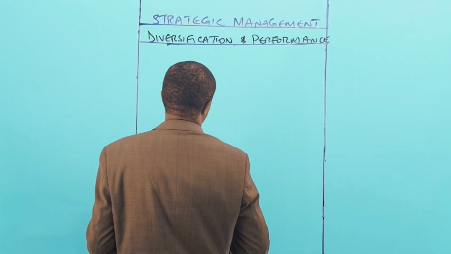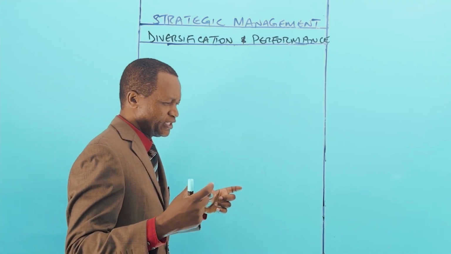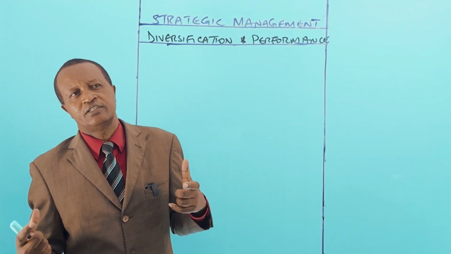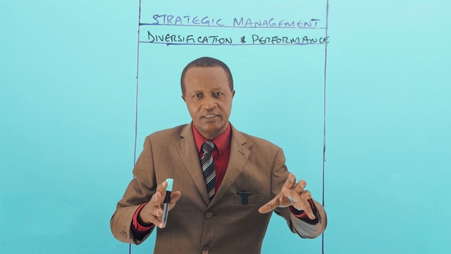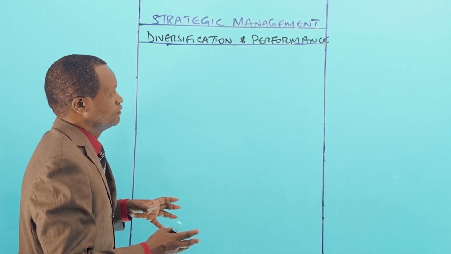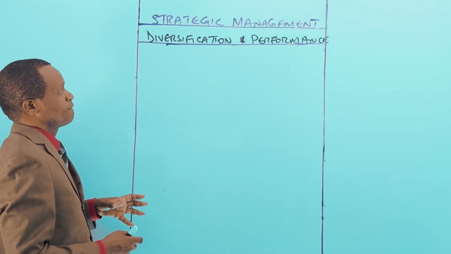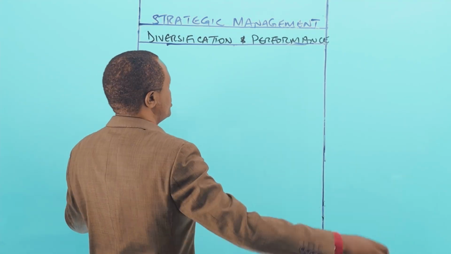Let's first analyze the types of diversification, and at the back of your mind have it that the meaning of diversification simply means expanding into new areas. All right, to diversify from the perspective of strategic management is to expand into new areas.